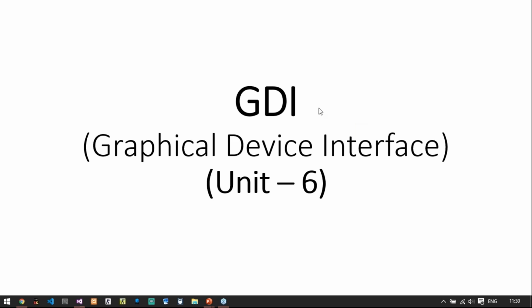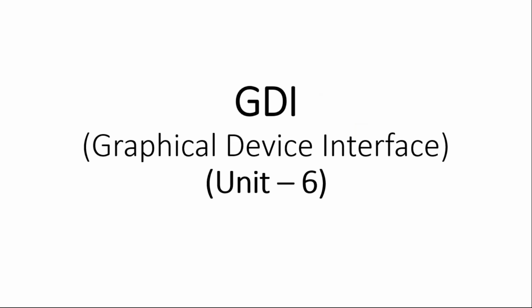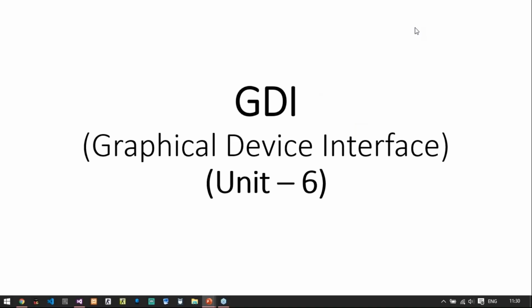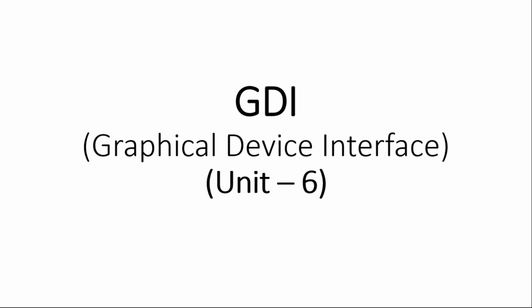Okay, fine. So before starting with the next unit, I'll just quickly revise what we did yesterday. We started with a new unit, that is graphical device interface, mainly dealing with graphics in C Sharp.